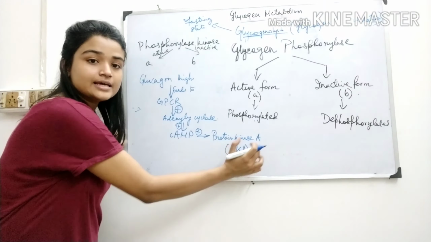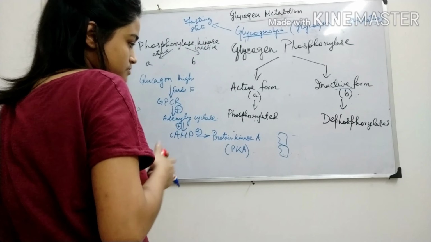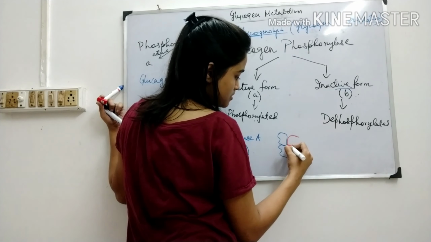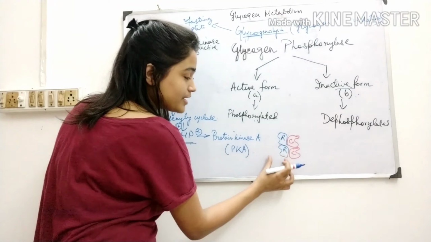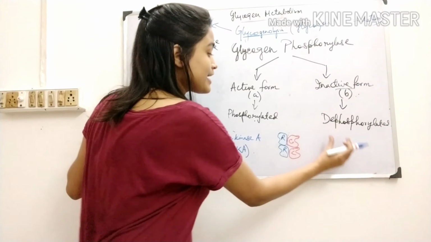One is the regulatory subunit, and the other is the catalytic subunit. Now this cyclic AMP will bind to the regulatory subunit, and then this will be separated from the catalytic subunit.